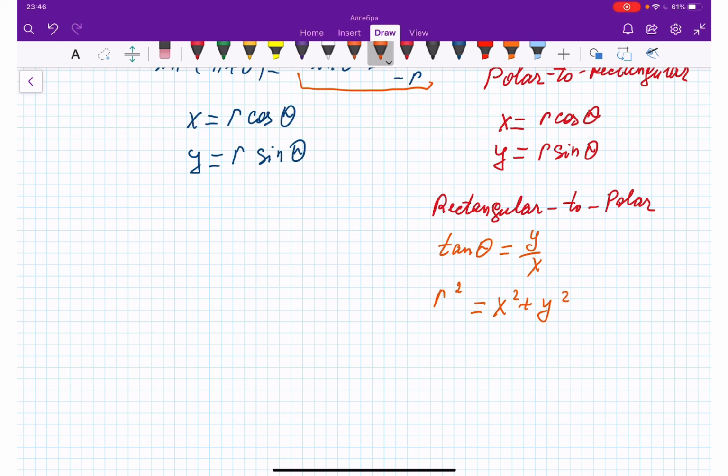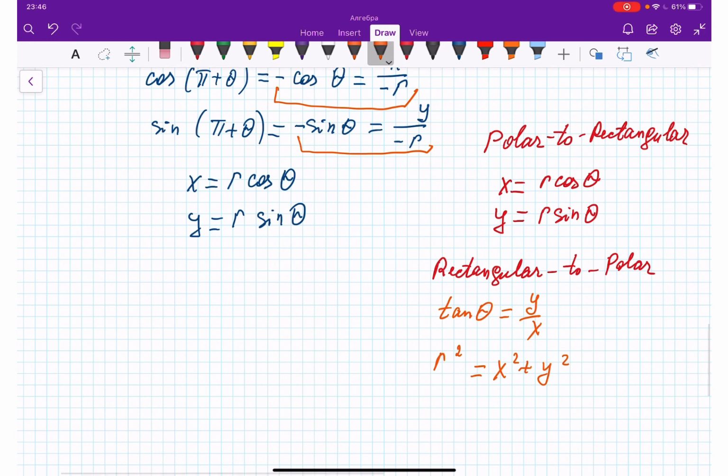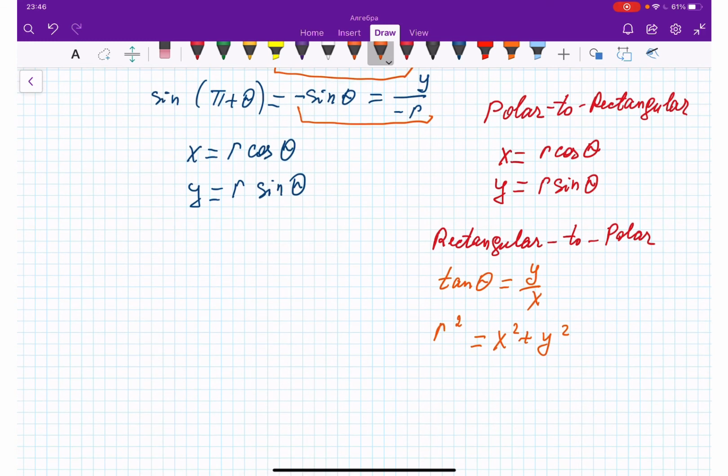So from polar to rectangular, we figured out x and y, and from rectangular to polar, we figured out theta and r squared. Since if we find tangent theta, then theta is going to be the arctangent, right?